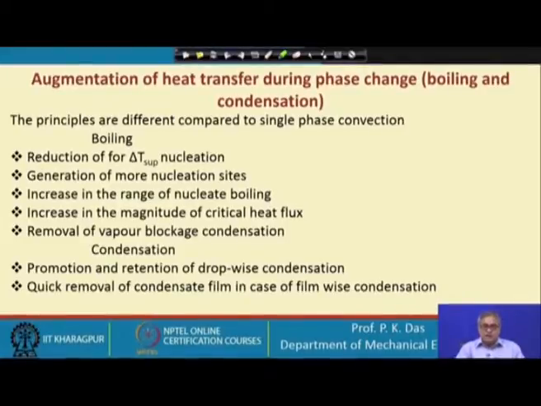Actually, I will touch upon boiling, but as we are discussing augmentation, the point I want to tell is that nucleate boiling is a very high rate and safe method of heat transfer during boiling. So, we want to increase its temperature range basically, and we want to increase the magnitude of the critical heat flux.